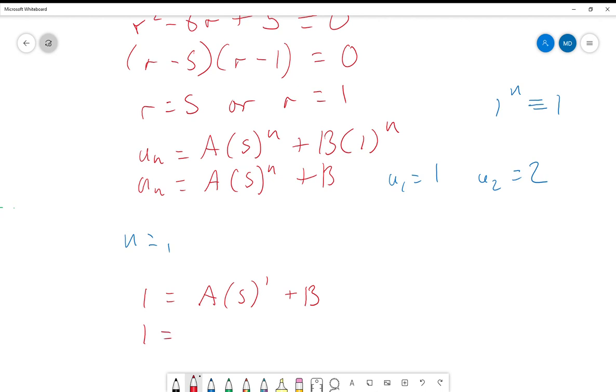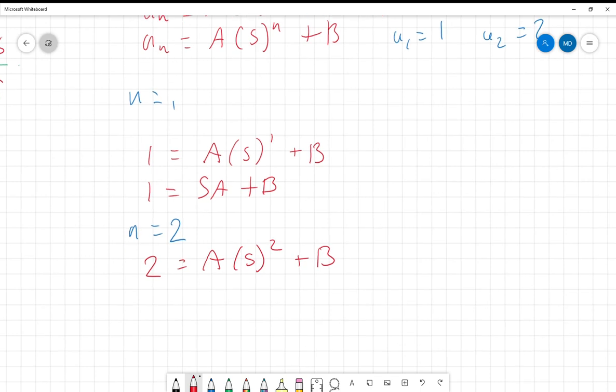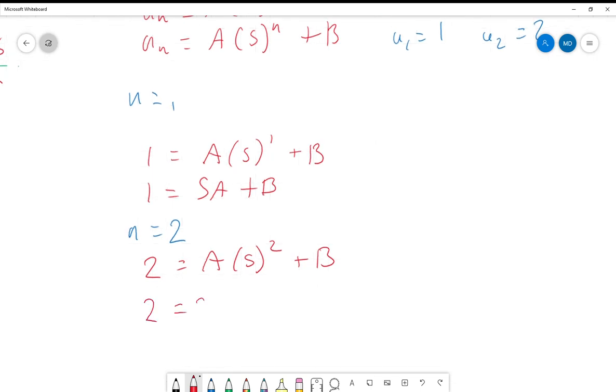So we get 1 equals 5a plus b. And then for n equals 2, u2 is 2. 2 is equal to a times 5 squared plus b, which is going to give us 2 is equal to 25a plus b.